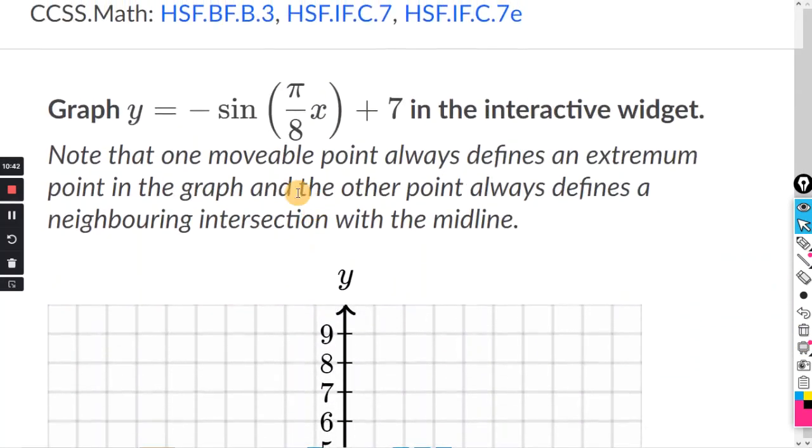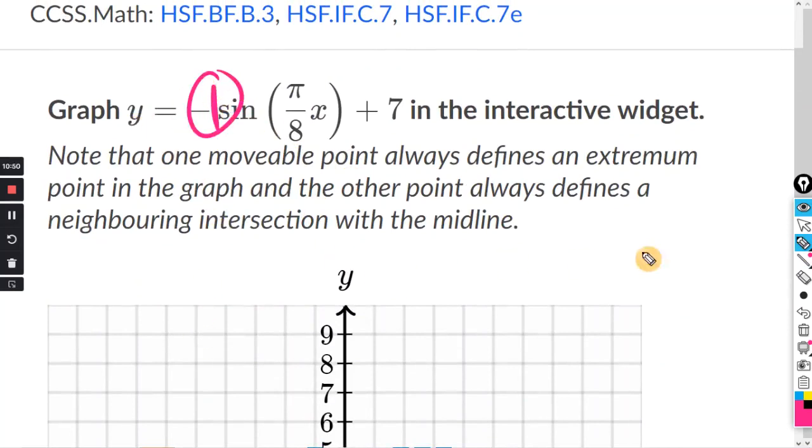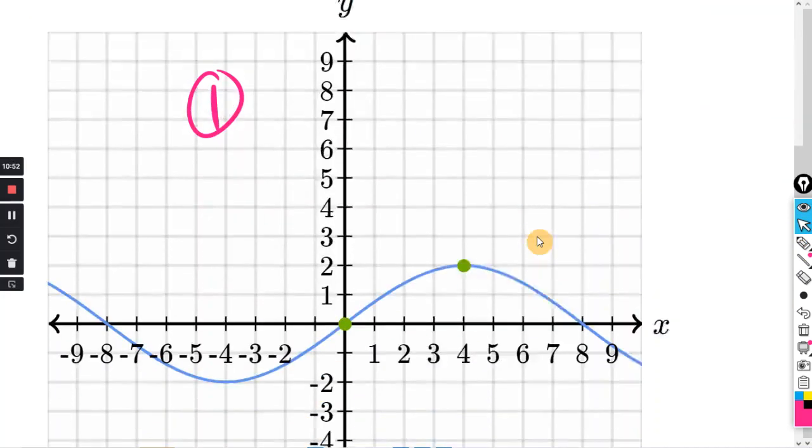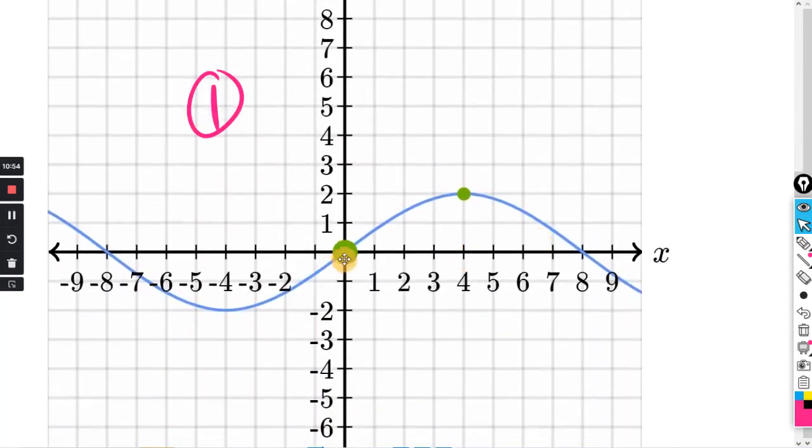Now let's look at the value for a. It's negative sine, so basically this is just a negative 1. All of the y values get multiplied by negative 1. So this is at y equals 0. 0 times negative 1 is just 0. And this one is a mistake.